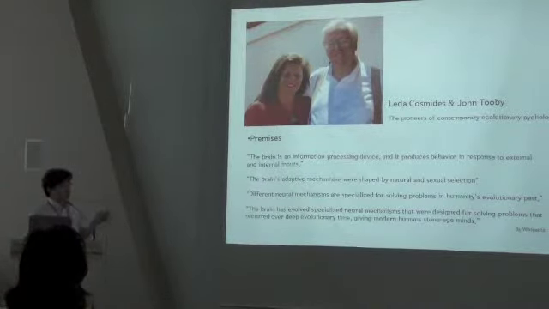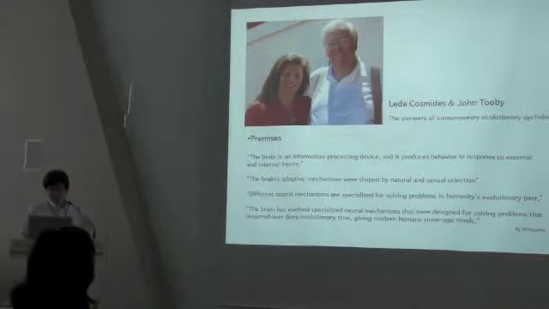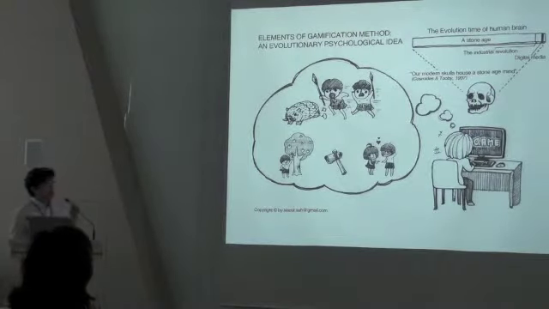I will explain this neural mechanism specialized for something. We call it domain specificity. The brain has evolved specialized neural mechanisms designed for solving problems that occur over deep evolutionary time. So we have a Stone Age mind. These are the very basic premises for understanding evolutionary psychology.